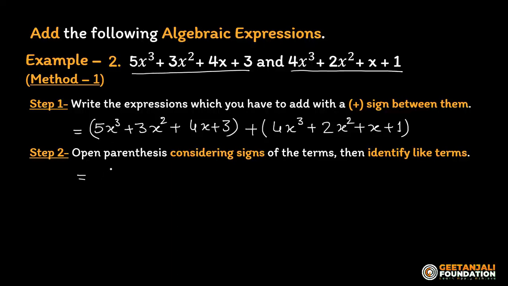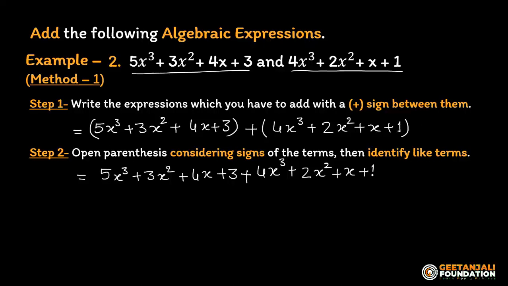So here I will write 5x cubed plus 3x squared plus 4x plus 3, and this parenthesis also I will remove, and I see there is a plus sign before that, and I told you when there is a plus sign before the parentheses, you don't need to worry about the sign. Write the expression as it is, and of course don't forget to put this plus sign between. So this is plus 4x cubed plus 2x squared plus x plus 1. So we have opened the parentheses.